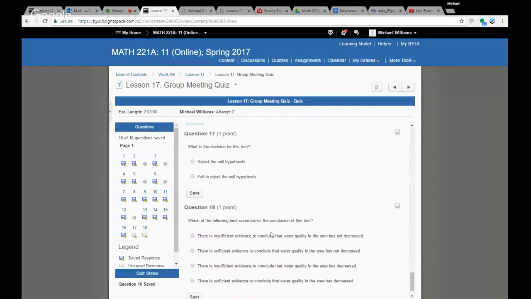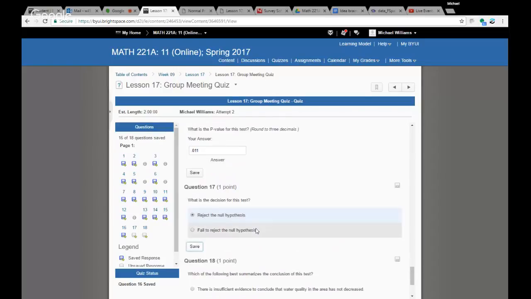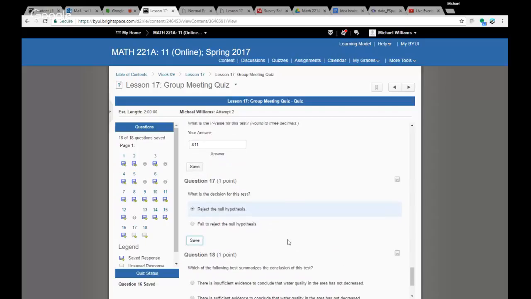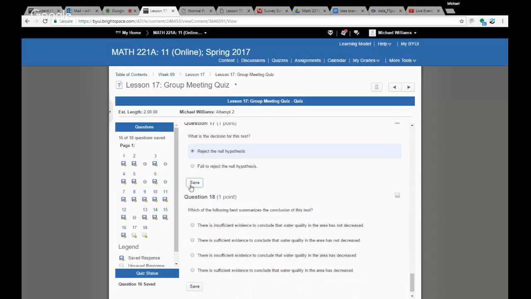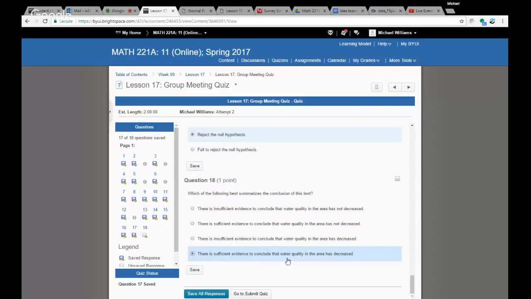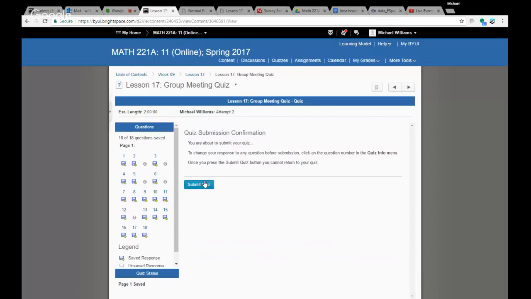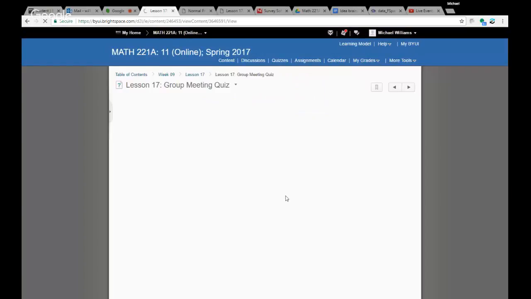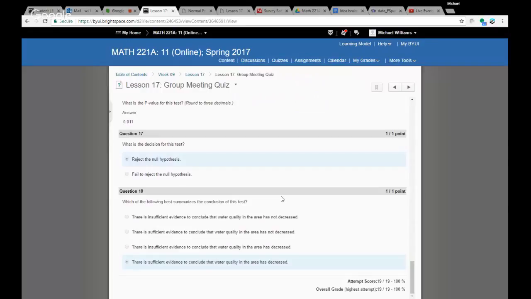And then we rejected the null, right? Correct. And then it was the fourth one down, right? Sufficient evidence that the water quality in the area has decreased. Okay. Assuming I copied that over all right, I should be good. If not, I missed the point. Yep, I'm good.